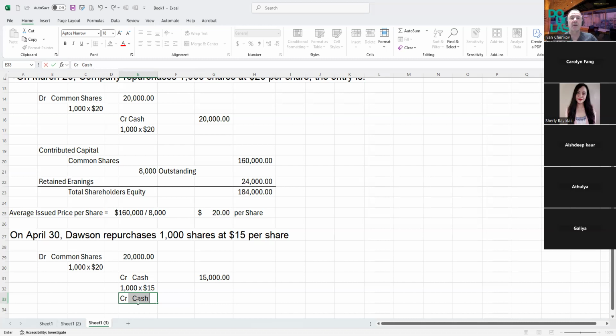But we're going to keep track of the contributed surplus that we're creating. That contributed surplus can come from the common shares or from the preferred shares, depending on the class of the shares that you're purchasing back. So in this case, it's common shares contributed surplus. And how much will that surplus be? $5,000. Make sense?